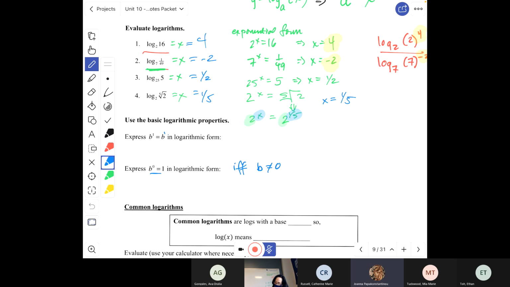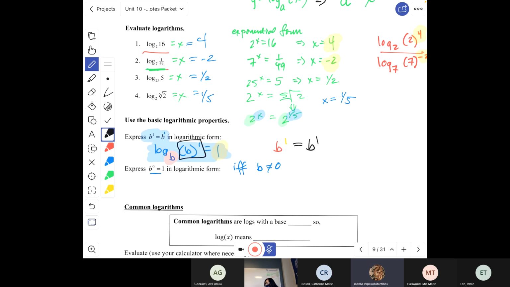So if I were to rewrite this, this would be log base b of b to the first equals 1. Do you see how this means the same thing as that? Knowing the relationship, right? Because I could take this little base, raise it to this little exponent, and that would equal my argument, right?